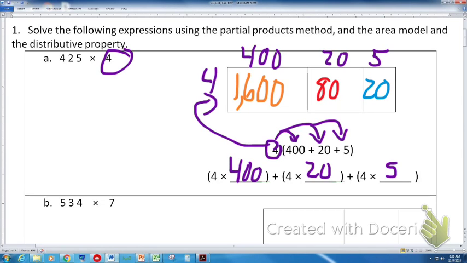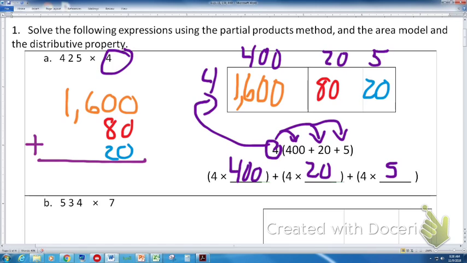Now we have the areas of all 3 boxes, and to get the full area we need to add all 3 up. We're going to take 1600, add in 80, and add in our 20. 0 plus 8 is 8, plus 2 is 10.